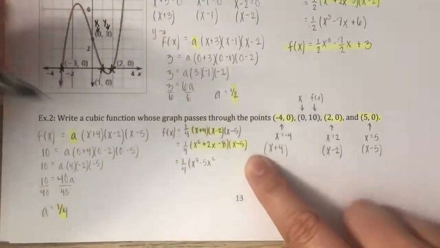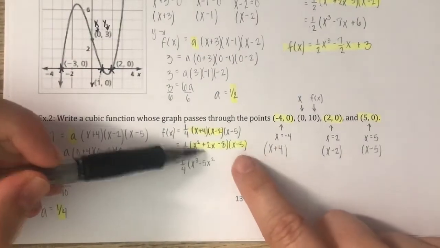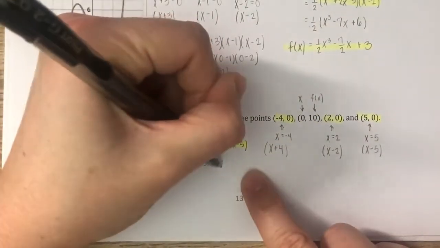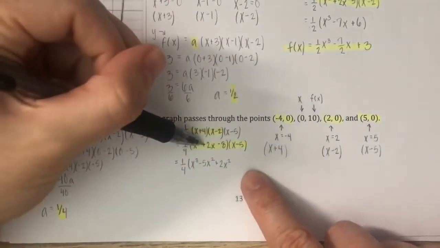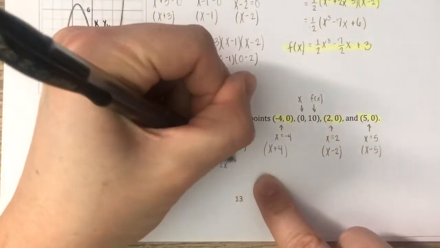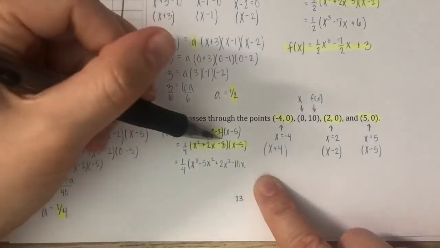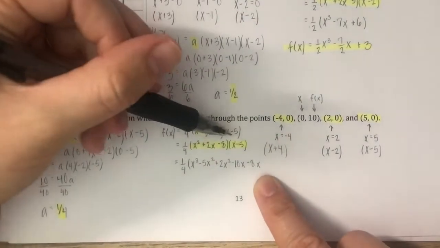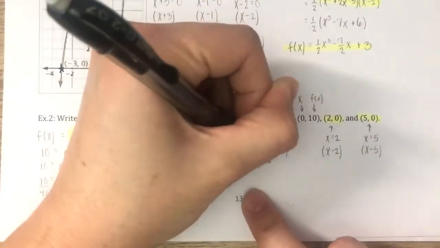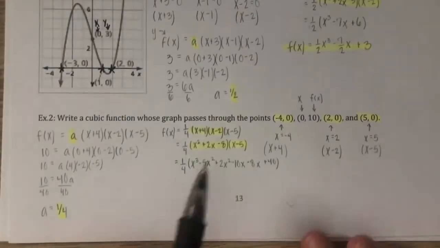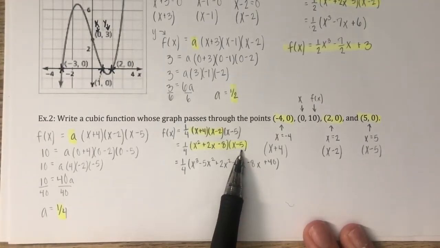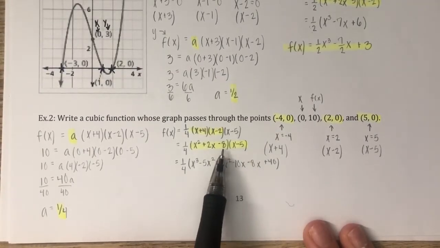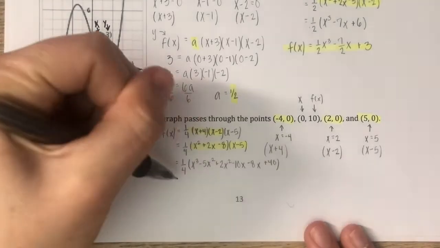Don't feel like you have to combine steps into one. 2x times x is 2x squared. 2x times negative 5 is negative 10x. Negative 8 times x is negative 8x. And negative 8 times negative 5 is positive 40. So we're just taking the x squared, multiplying it by both these, 2x multiplying it by both these, negative 8 multiplying it by both of those.